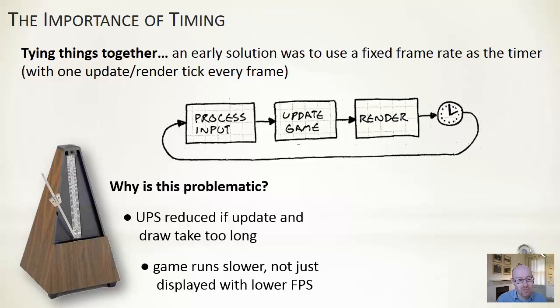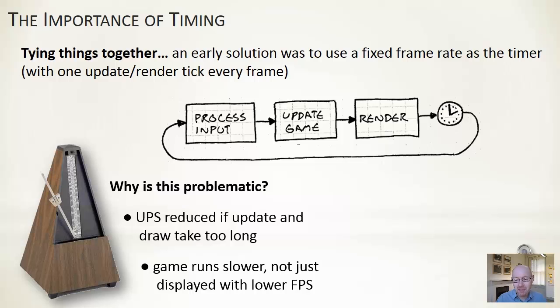In terms of why it can be problematic, one of the reasons is that the update and the render are effectively tied together. So if you've entered a particularly busy period of the game, where you're maybe aiming for, say, 50 updates and draws a second, but you're drawing something that is particularly graphically intense, it could result in your number of updates per second being reduced as well. So the two things are coupled.